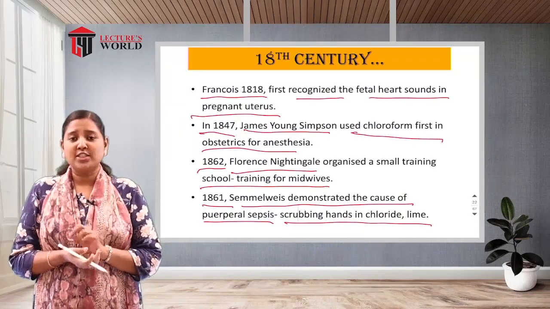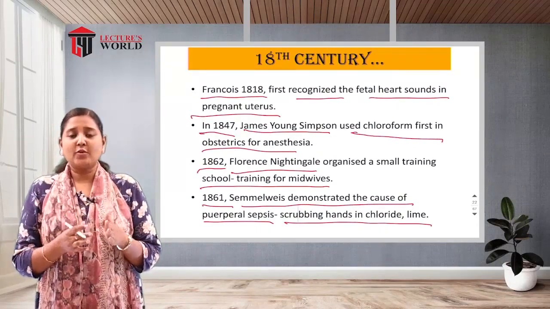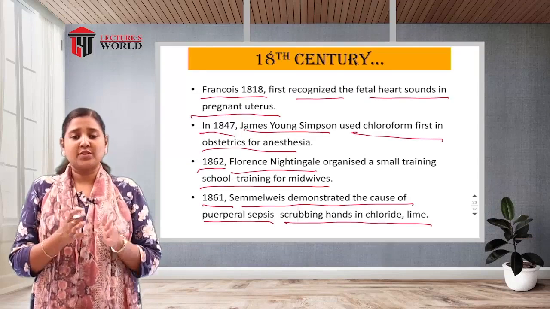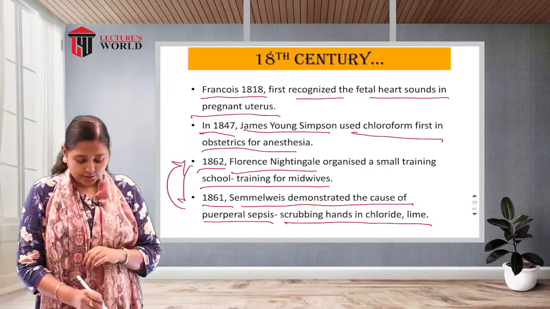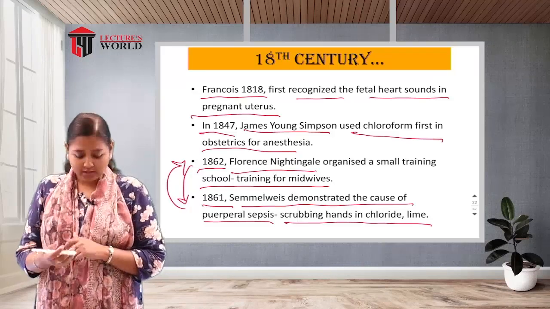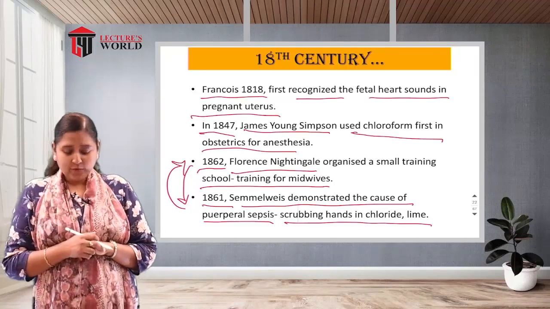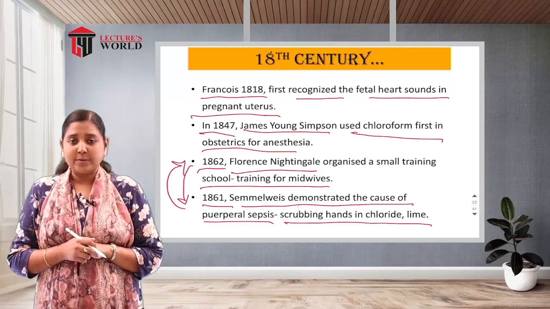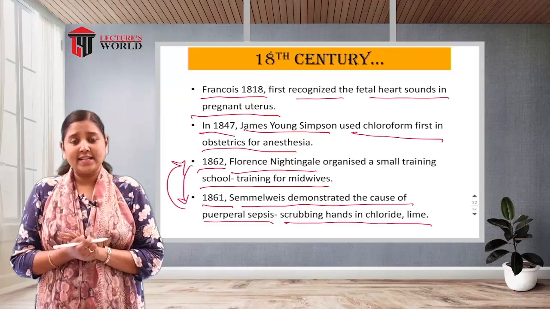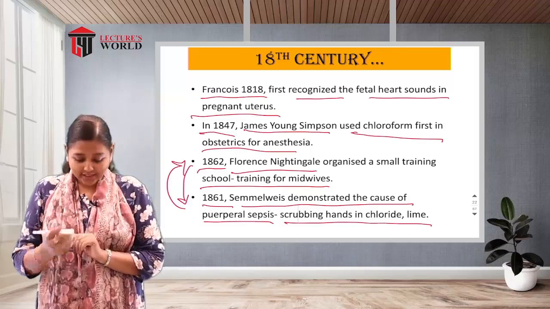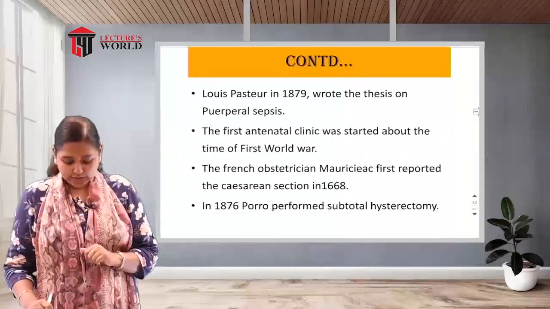He used it for washing the hands while taking care of patients, or when transferring from one patient to another. So let us put this point up and this point down, because it is 1861 and that's 1862. So Semmelweis demonstrated the cause of puerperal sepsis by scrubbing the hands with chloride of lime as a disinfectant solution to avoid infections.